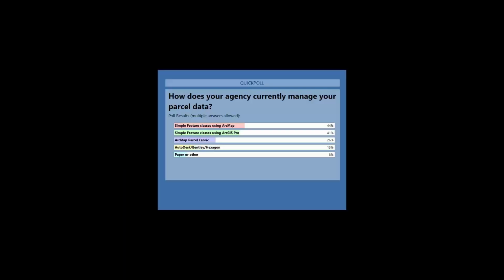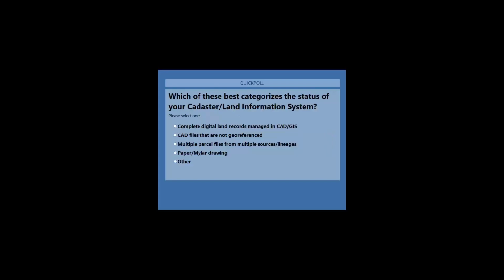Thank you. Okay, thank you so much, Matt. So we'll go ahead and do our next poll question, our second poll question, which is this. The question is, which of these best categorizes the status of your cadastre or land information system? Do you have complete digital land records managed in a CAD or a GIS?